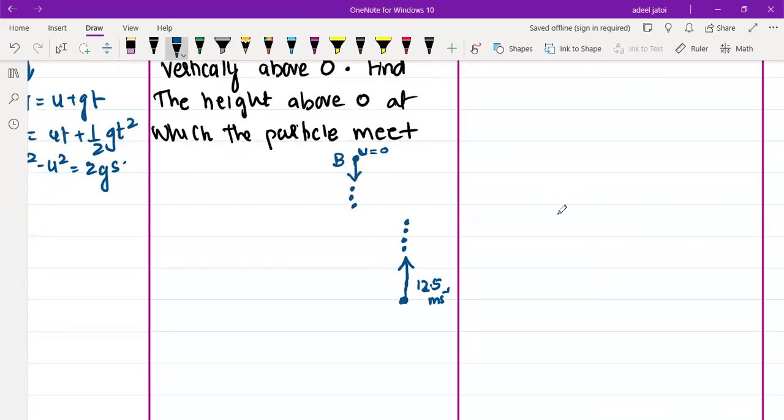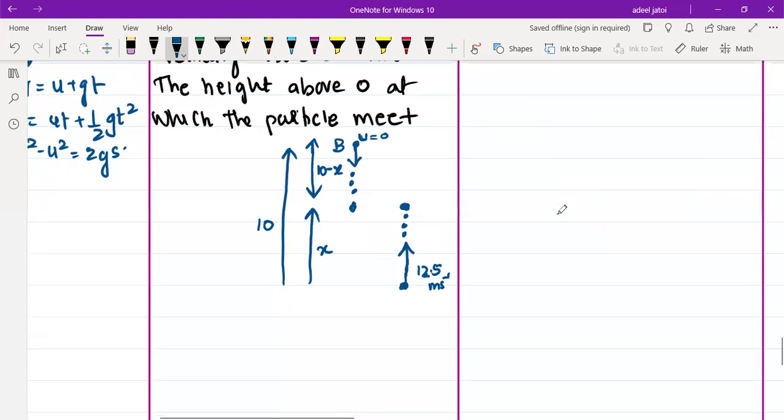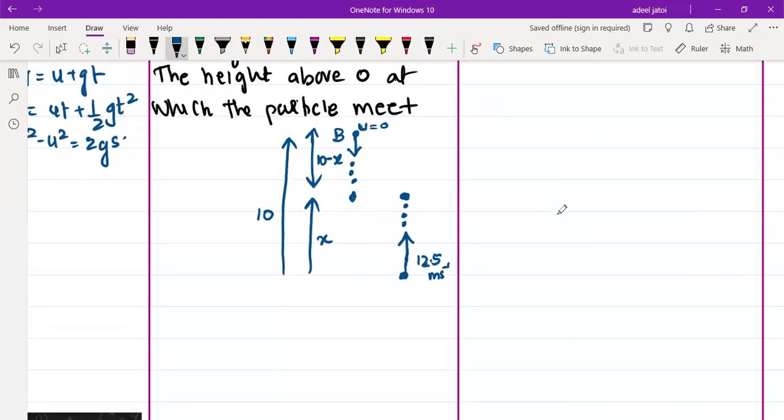So at this point, these two particles will meet. If from this point the height is x, and the entire height was 10, then the remaining height would be 10 minus x. This is what the question requires you to understand.